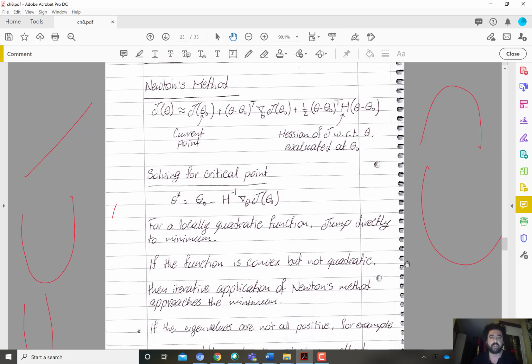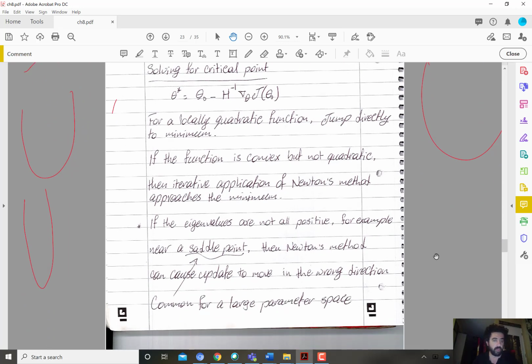Now, typically with deep learning, as we discussed when discussing saddle points before, you have a large parameter space. Think of H as being a random matrix. It's more likely to have a mix of positive and negative eigenvalues than to have all the eigenvalues positive, or to have the H matrix being positive semi-definite. So if you have a mix, then you are likely going to a saddle point, right?